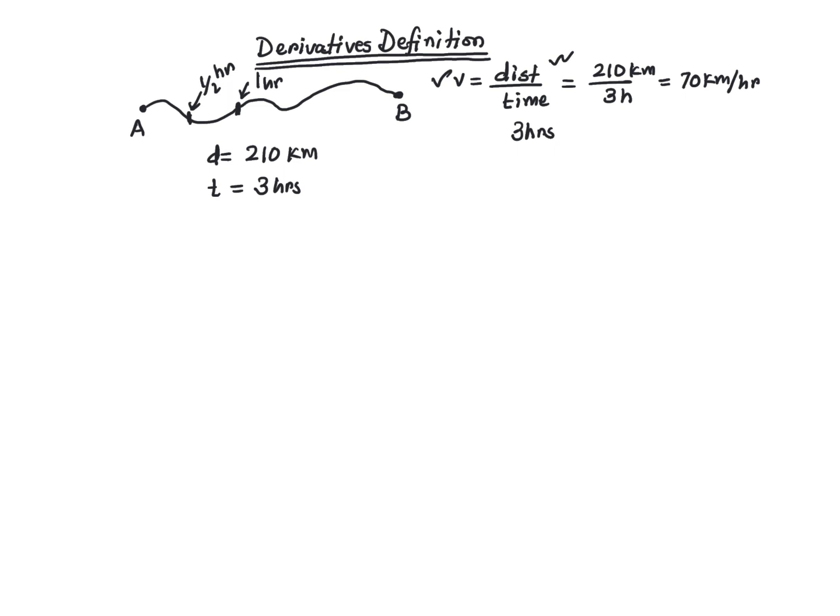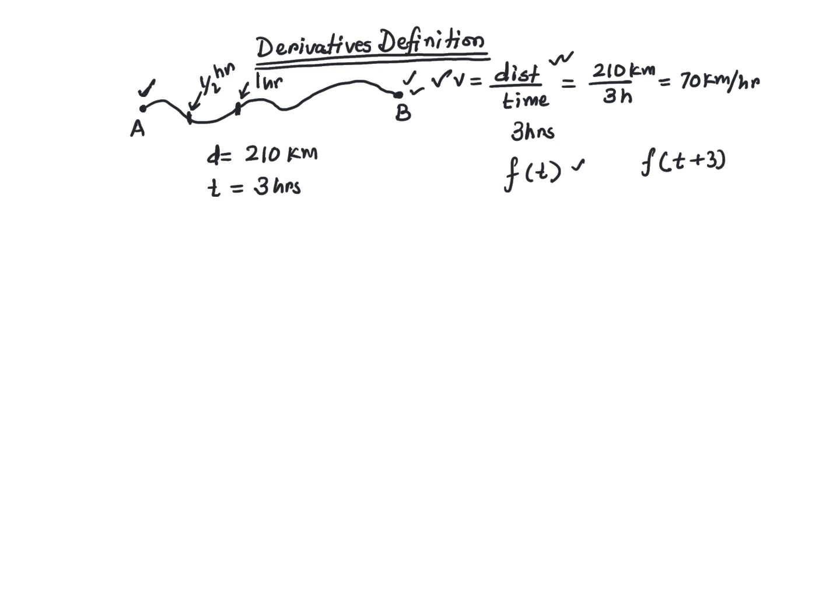Now let's assume that this path can be traced by a function. Let's call that function f, and it depends on time. So this path from point A to point B could be traced by a function f of t. The average velocity in going from point A to B, we could find this way. Let's say at point A, the value of the function is f of t, and after 3 hours of driving you are at point B, so the value of the function is f of t plus 3.